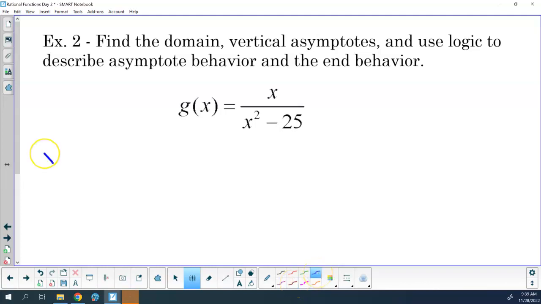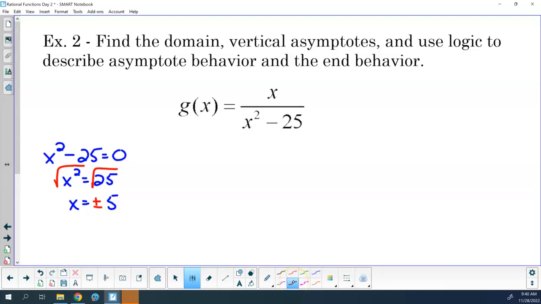So first we got to set our denominator equal to 0 to find our discontinuities in the domain. We got discontinuities at both plus and minus 5.